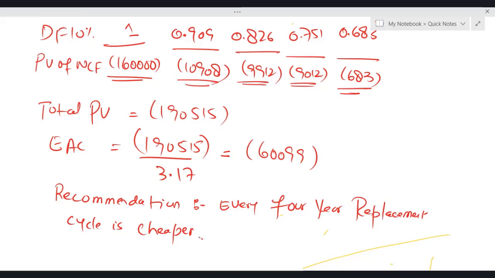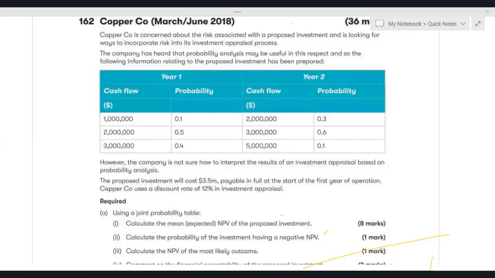Okay, just a minute. Let me save this page and then I'm going to share a question on expected value of NPV. Okay, copper company, it came way back in March, June 2018.